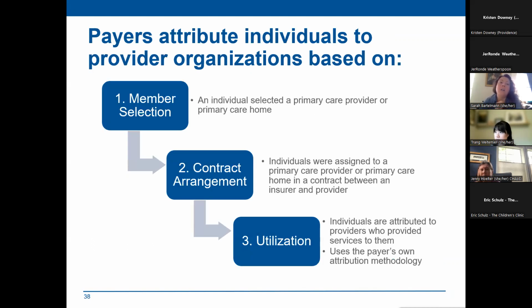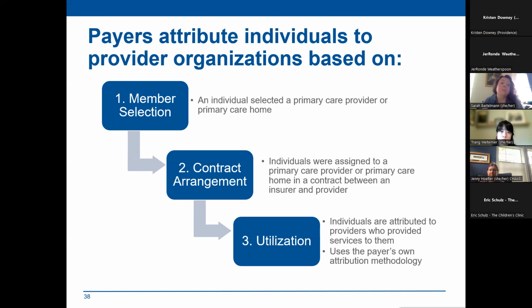All of the data reported in this data submission at the provider organization level is based on a payer attribution. It's a hierarchical attribution that we've asked payers to do based on one of these 3 options. If a payer has a member selection or member choice component, so an individual gets to choose their primary care home or opt into their PCPCH, that is the first tier of attribution, where that patient is attributed to that provider.